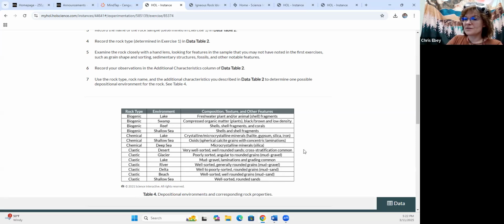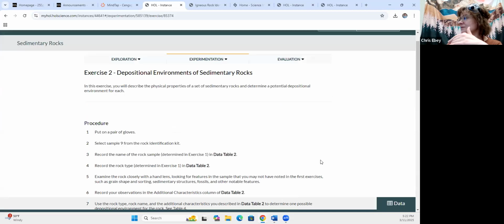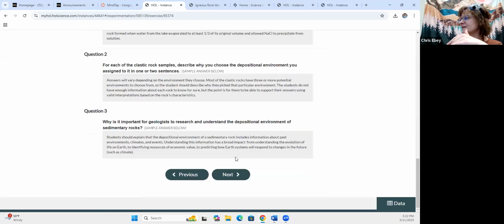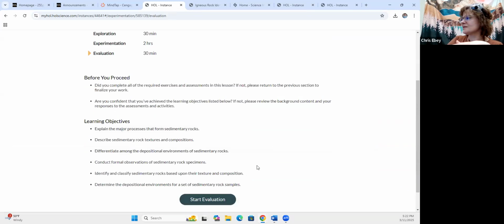I know this is not a perfect situation. You always can redo everything except the evaluation. So let's pretend we've gone all the way through this.